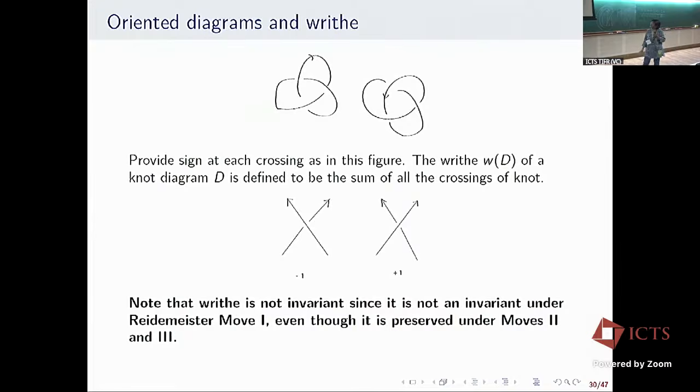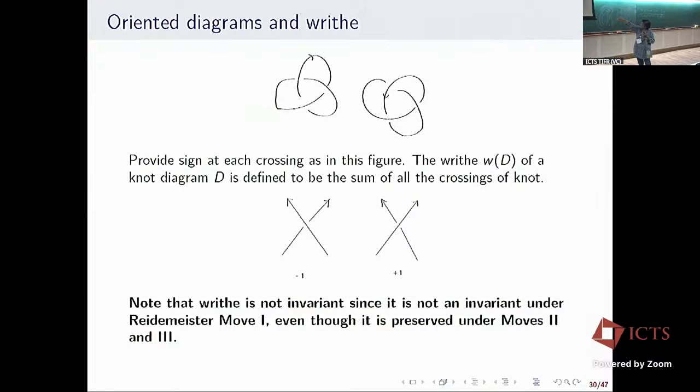But the next thing which is important is giving some kind of orientation. So for the diagram I made, if I put an arrow, we can call it an oriented diagram. And once orientation is there, then at every crossing, we can give some notion of positive and negative crossing. If the over one moves anti-clockwise, we'll call it positive.